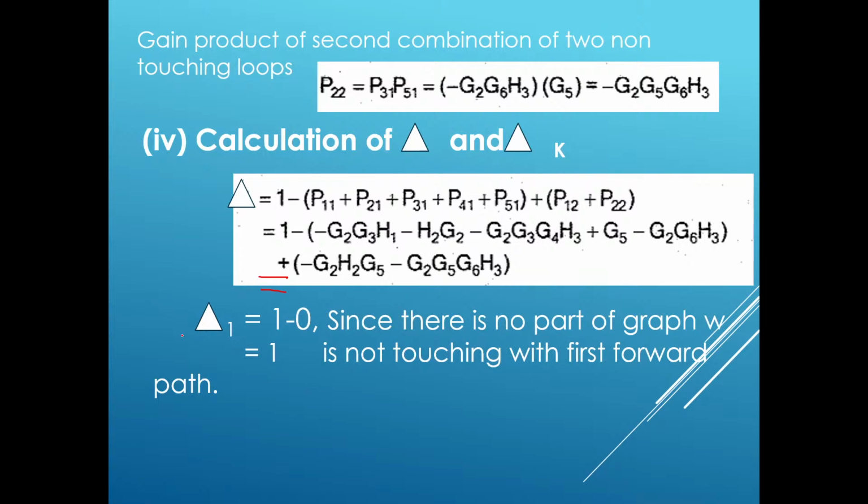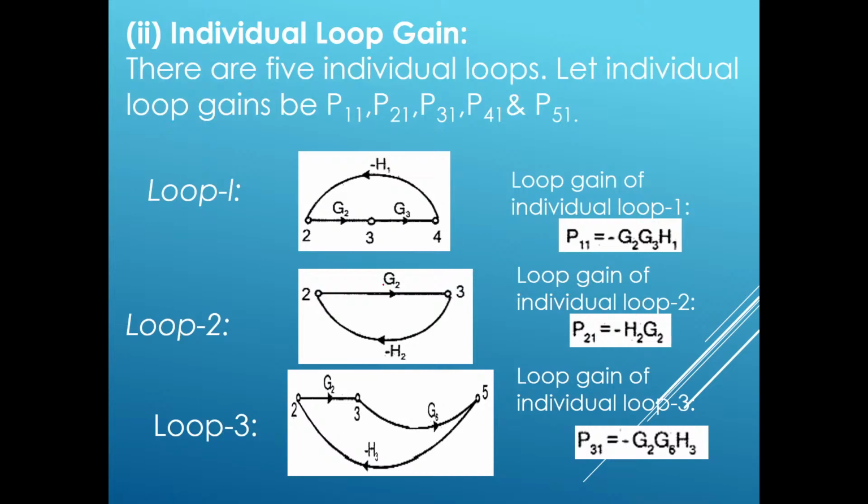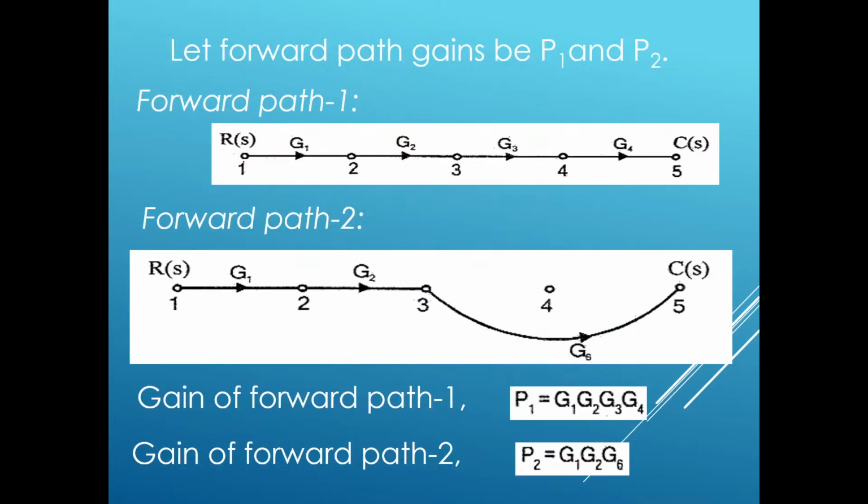To determine delta 1, let us check, is there any part of the graph which is not touching path 1? All nodes are here, isn't it? If any path consists of all nodes, that means all parts are touching that path 1. So there is no part of the graph which is not touching path 1.